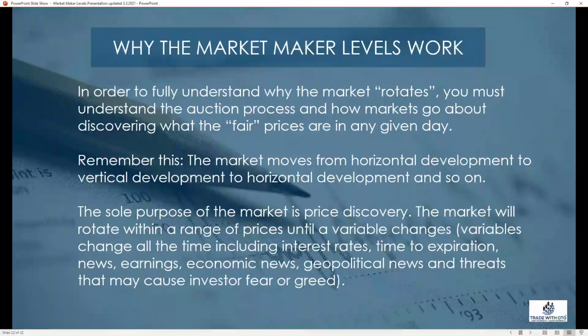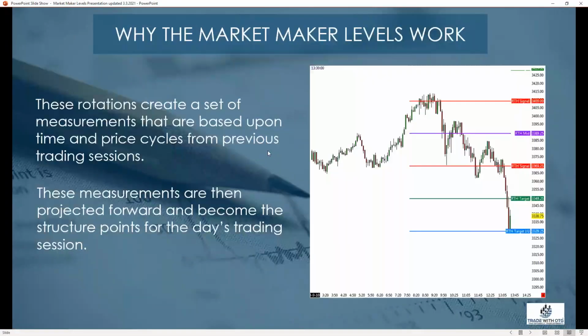Once that variable changes, you get a breakout. You get a rally, you get a sell-off, you get a trend, and then the market will find sellers or buyers at the end of that trend, and then the market will begin to rotate sideways, and a lot of times it will begin the process of rolling over or breaking back out again.